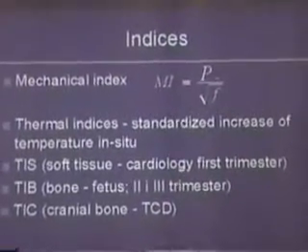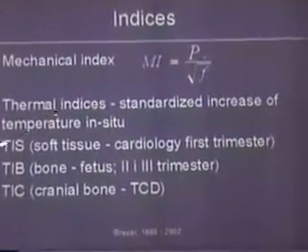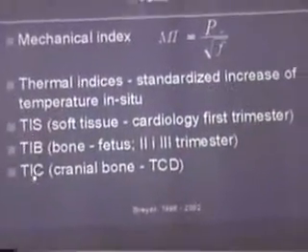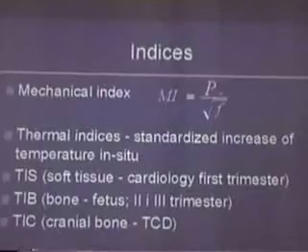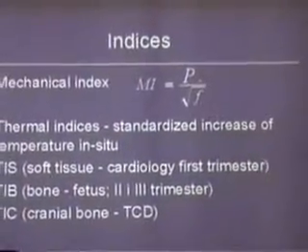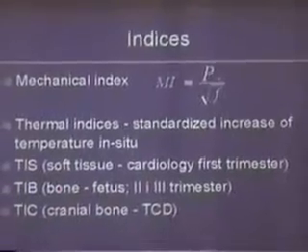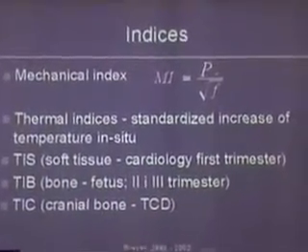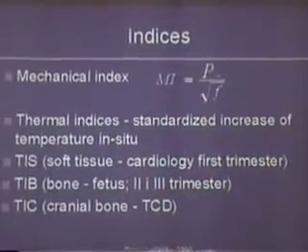The thermal indices are numbers, and there are three of them, three sort of flavors: soft tissue, bone in fetuses, and adult bone, that is for, let's say, transcranial Doppler.